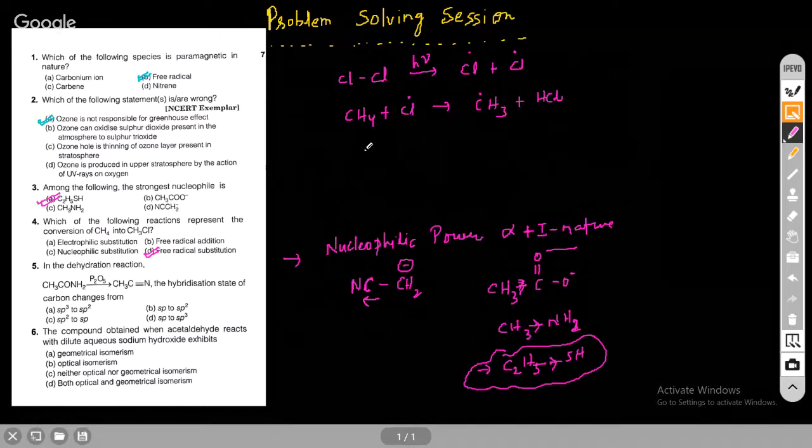Right? Now this CH3 radical again combines with the chlorine molecule and forms CH3Cl plus Cl radical. Okay, and this continues till the chain terminates. Right? This we call free radical substitution reaction. Option D is correct. Question number 5.